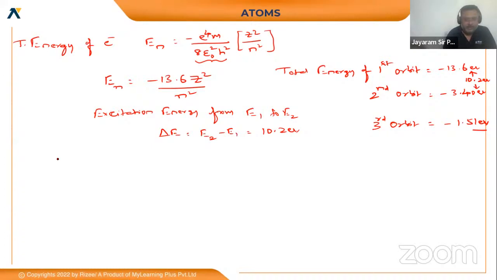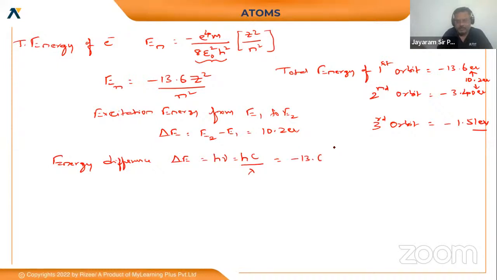Now energy difference between any two levels. That is energy difference delta E is equal to h nu, which is equal to hc by lambda, is equal to minus 13.6 times of 1 by n1 square minus 1 by n2 square for hydrogen.